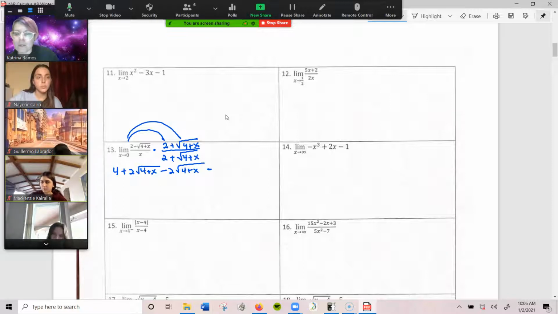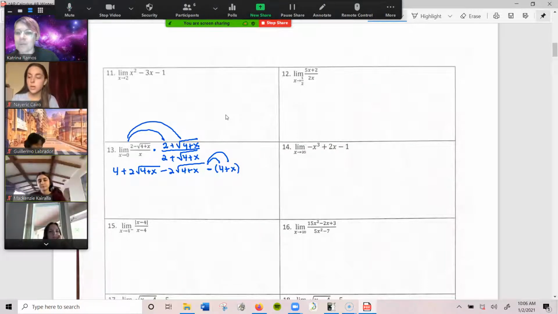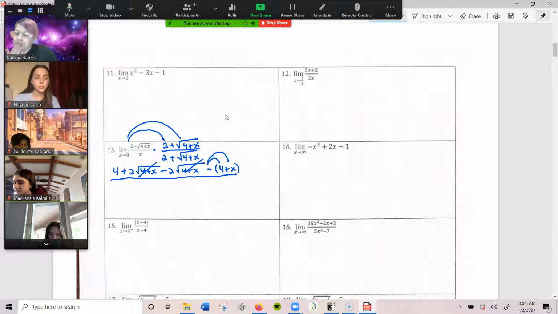So the square root will cancel out and it would be minus (4 plus x). I put this in parentheses because since it is minus, we will have to distribute that negative. Does that make sense? Yeah? Okay. So these here cancel, and when you're doing the conjugate method, you don't actually distribute this x in the denominator. We just leave it right next to each other because the whole point is to cancel out that x.